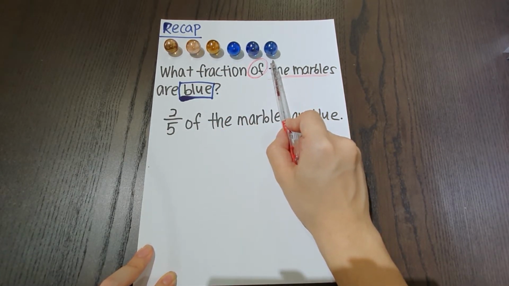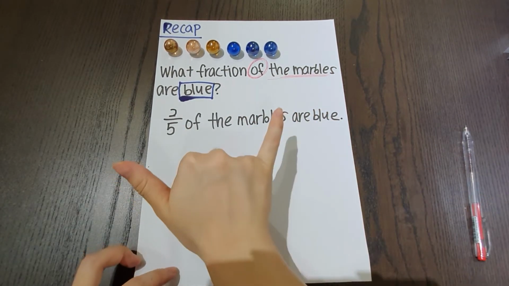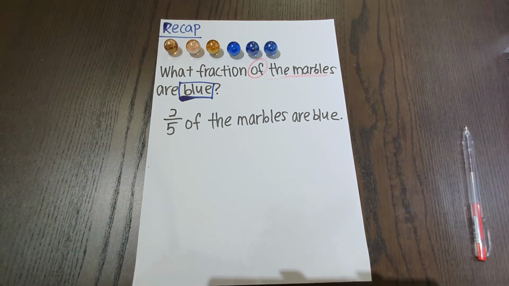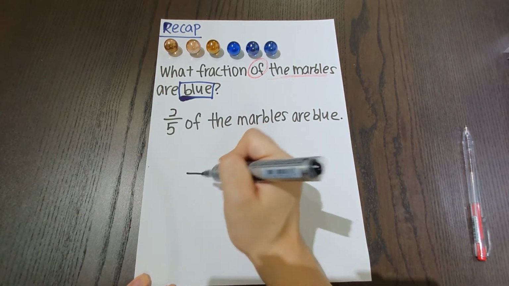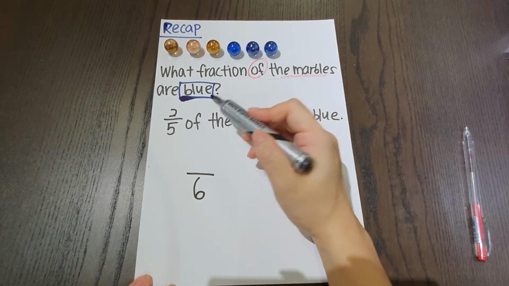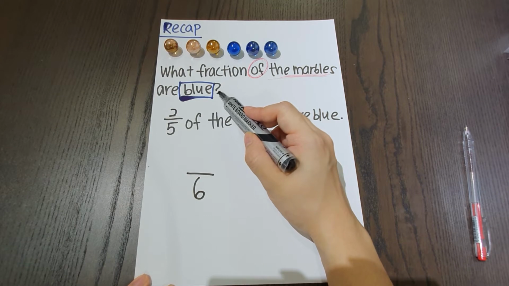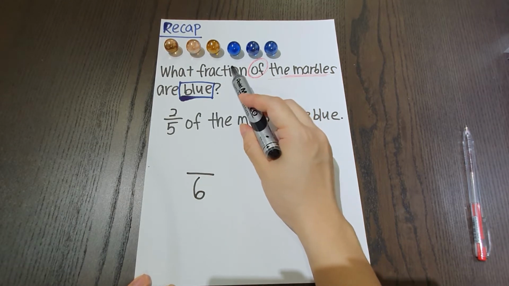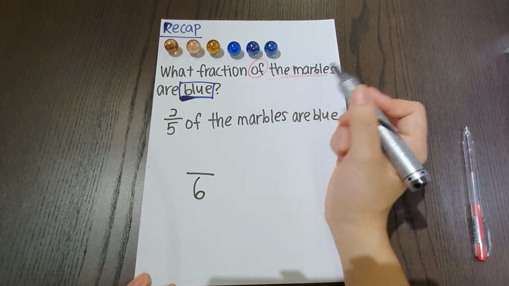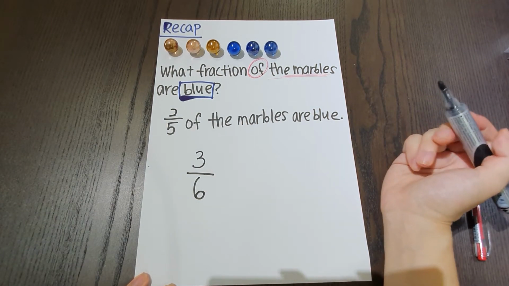I now have a total of 6 marbles, which means 6 is going to be my denominator. And since I want to know what number of marbles are blue, I count the blue marbles: 1, 2, 3. So I know that 3 out of 6 of the marbles are blue.